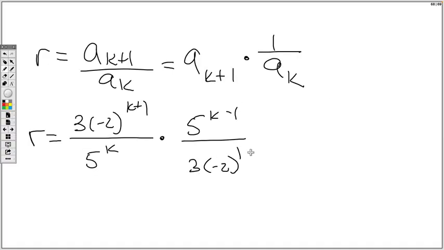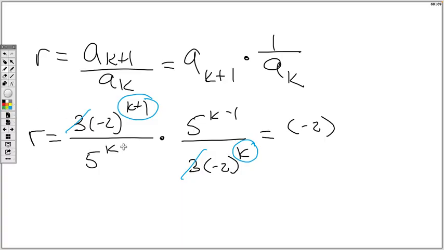And if this really and truly is a geometric series, all of the k's should cancel out. So let's see what happens. Well, what happens to the 3's? Completely gone. Right? Let's look at negative 2's. I've got negative 2 to the k plus 1. I'm dividing by negative 2 to the k. So it's going to leave me with the negative 2 to the first in the numerator. Is everyone cool with that?